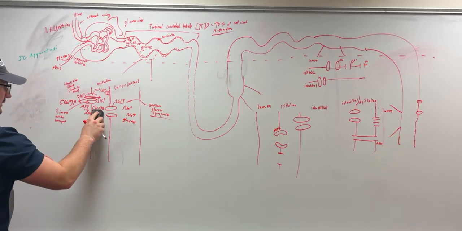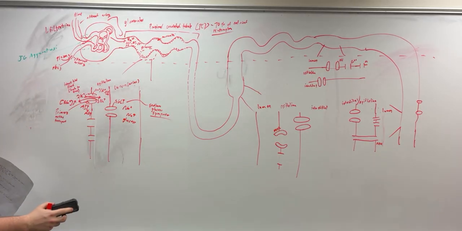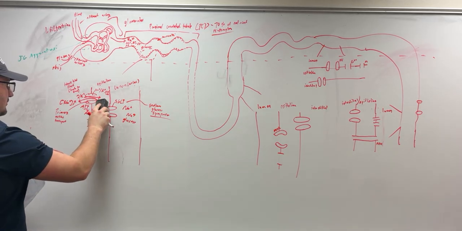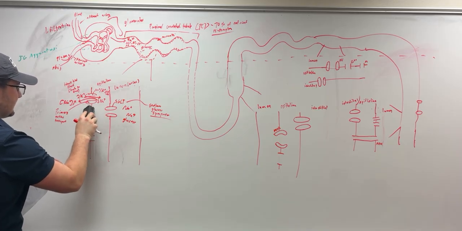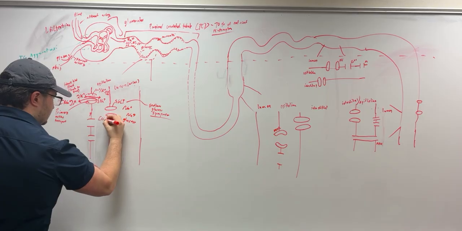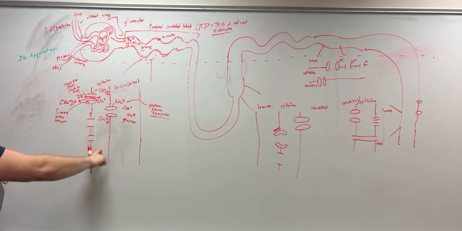So we're going to erase this now. Hopefully you understand your sodium-potassium ATPase. So the effect of that sodium-potassium ATPase is we now have a low concentration of sodium in this space.